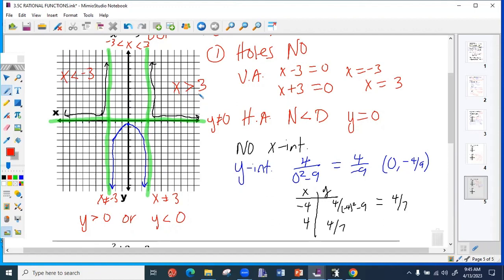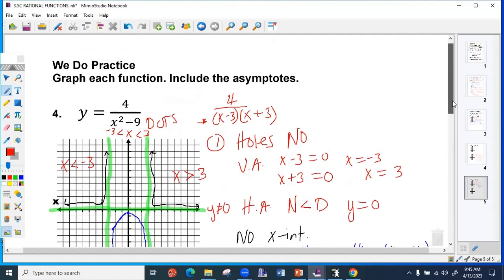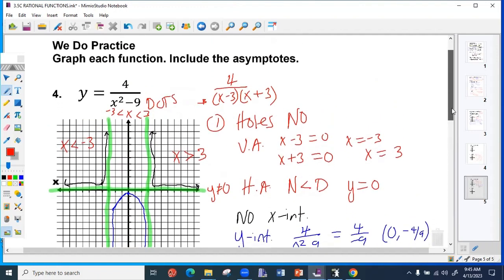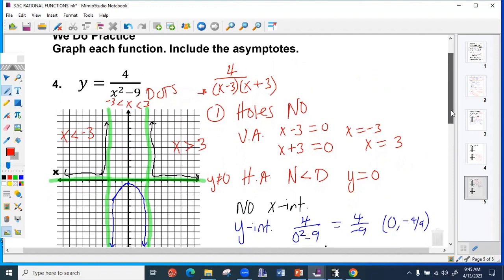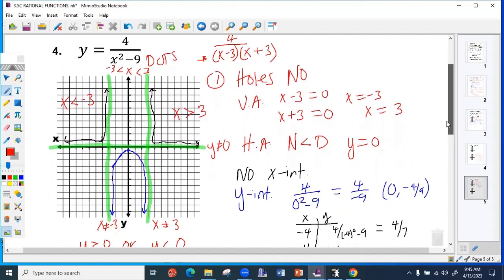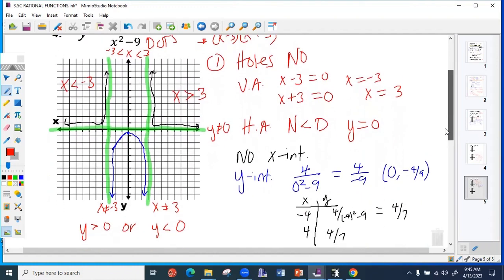If you put this in the calculator, this is what it'll look like. Did anyone actually graph it? The only thing is that you don't see the asymptotes, because you put the 4 over x squared minus 9. It doesn't show you your asymptotes. That's why you have to be able to do it manually.